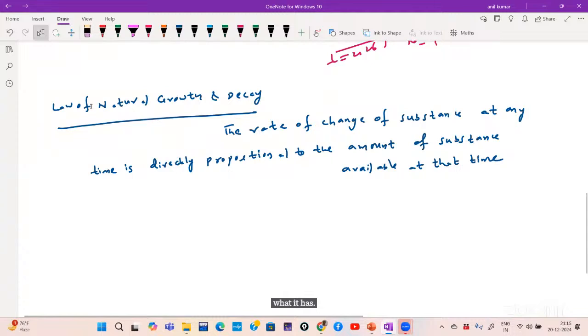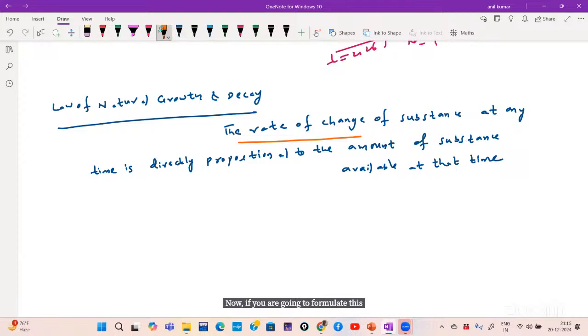Now, if you are going to formulate this, can anyone say what the rate of change means? How do we represent rate of change in terms of a differential equation? d by dt. Are you able to hear me? Yes, sir. Okay. Rate of change of substance.